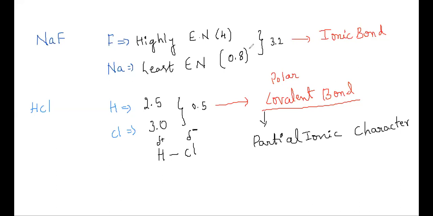The bond between hydrogen and chlorine is a covalent bond itself, but because of the electronegativity difference, the chlorine pulls the electrons out of hydrogen and there exists a partial ionic character. You can say that HCl has 50% covalent bonding and 50% ionic bonding.